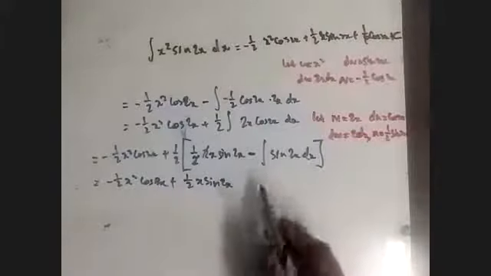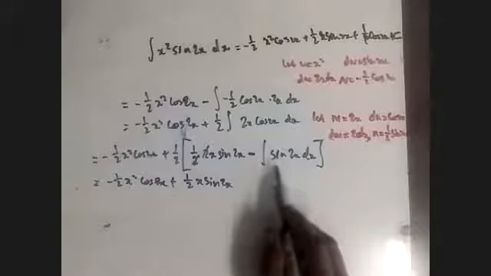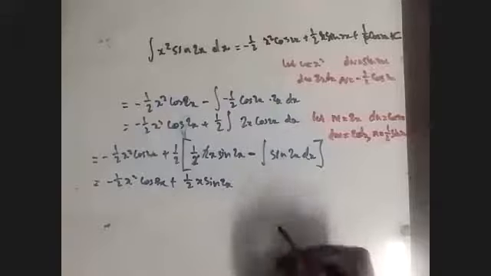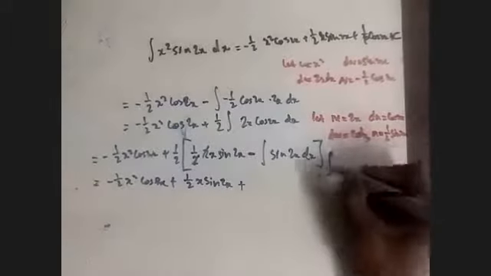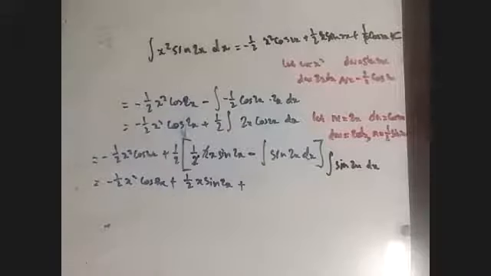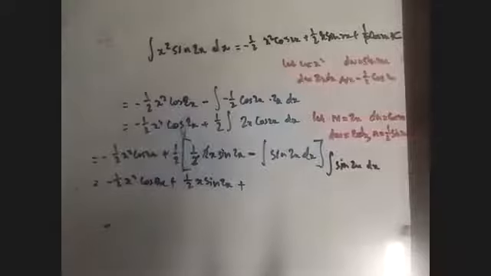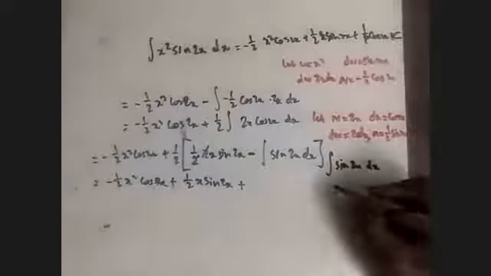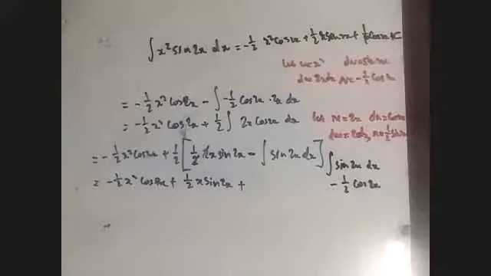And then this one is going to give us a negative 1/2 cos. So we're going to have a plus, because the integral of sine 2x dx is going to be negative 1/2 cos 2x.